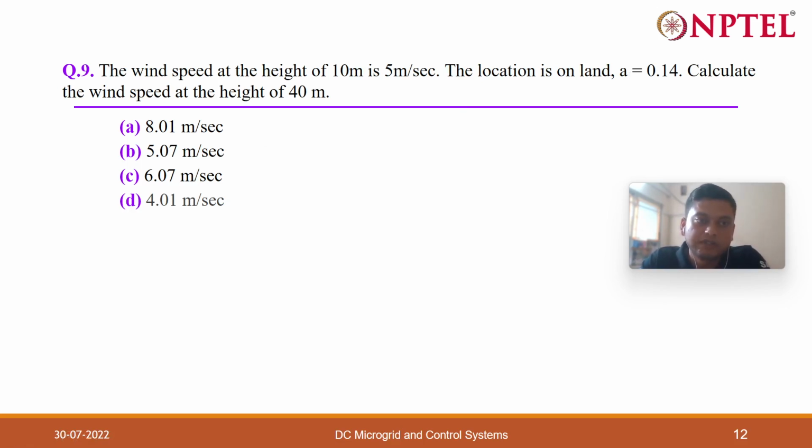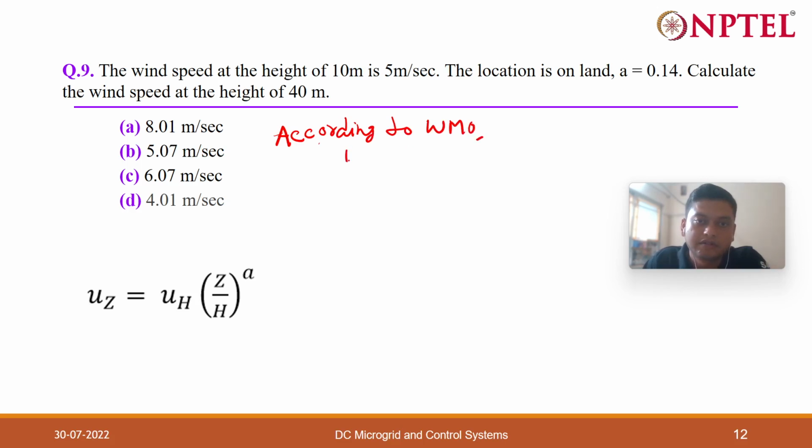In this question I just want to give the hint. So this formula: Uz is equal to UH into (Z divided by H) power A. According to WMO, that is World Meteorological Organization, this UH is given at a height of 10 meter from the ground.